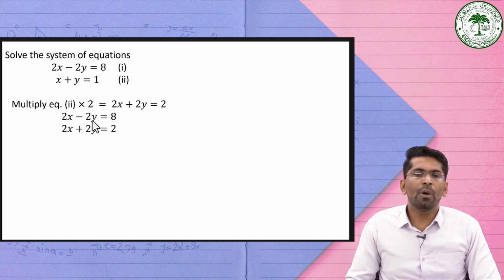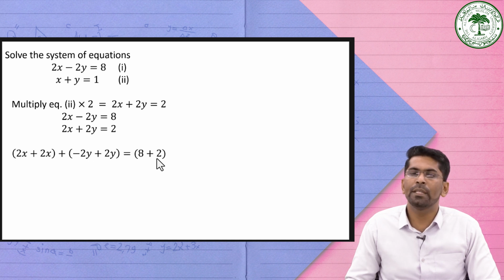Now we can add them up so that y can be eliminated. If we add the two equations, then y can be eliminated because the sign here is minus and here it is plus. So 2x plus 2x, minus 2y plus 2y, is equal to 8 plus 2.